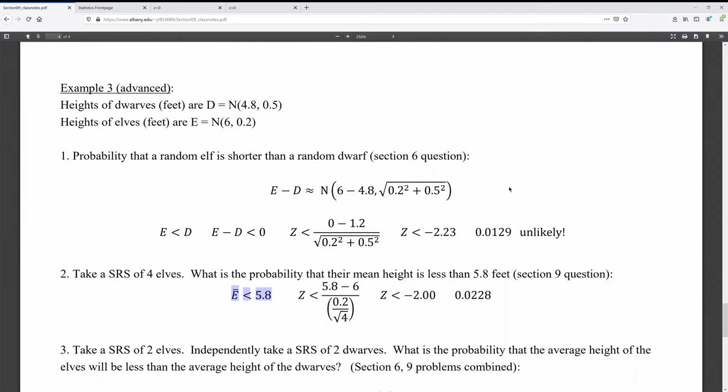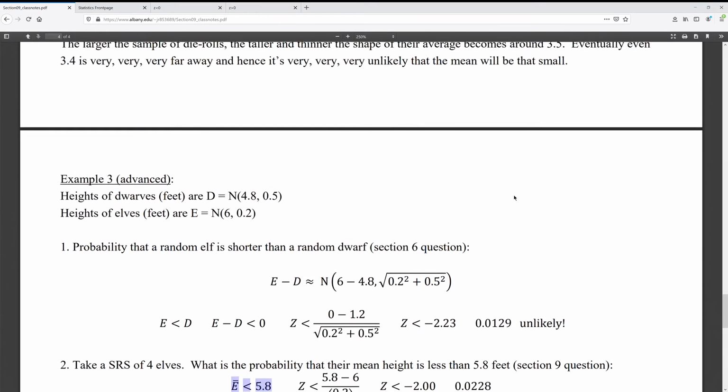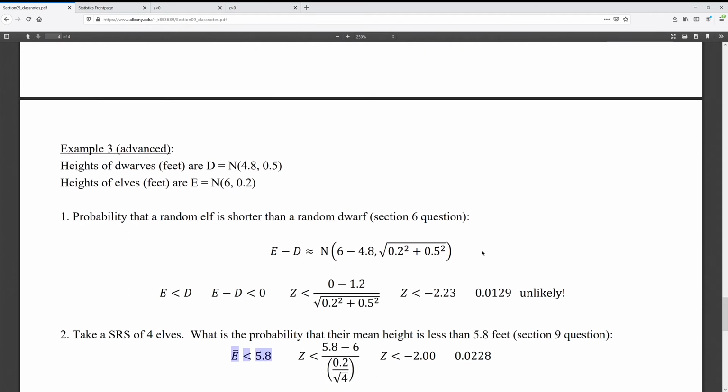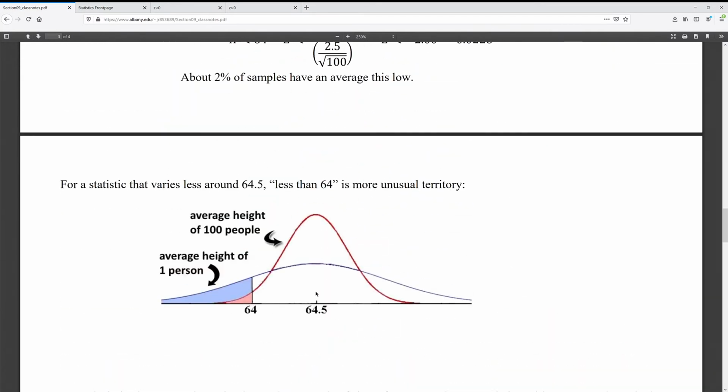I don't have my bell picture ready to go, at least I don't think I do. Nope. But our bell picture here, for the elves, is centered at 6. Let's scroll up to a similar picture. For a particular elf, it looks like the blue curve, centered at 6.